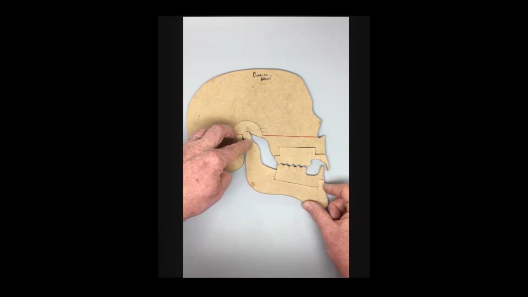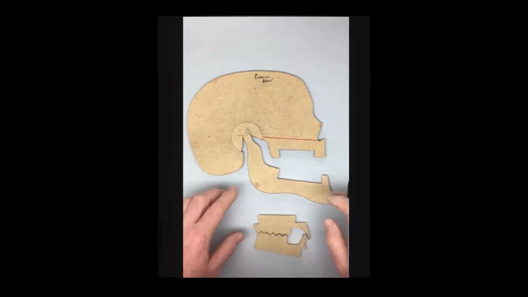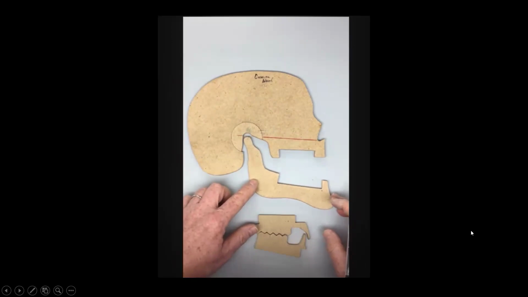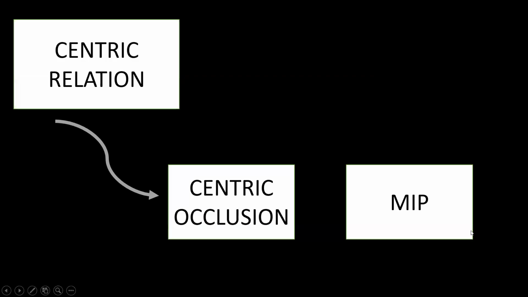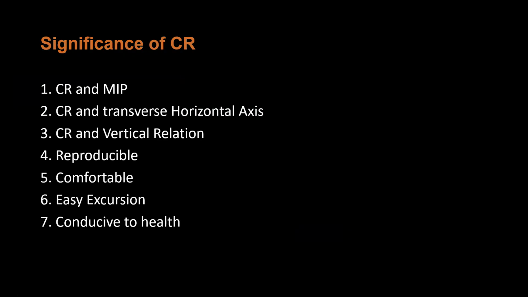The centric occlusion is the occlusion that is established at centric relation, and the maximum intercuspation is solely dependent on the teeth, which is in the best fit point. So the centric occlusion may or may not coincide with the maximum intercuspation position. The significance of centric relation is innumerable.